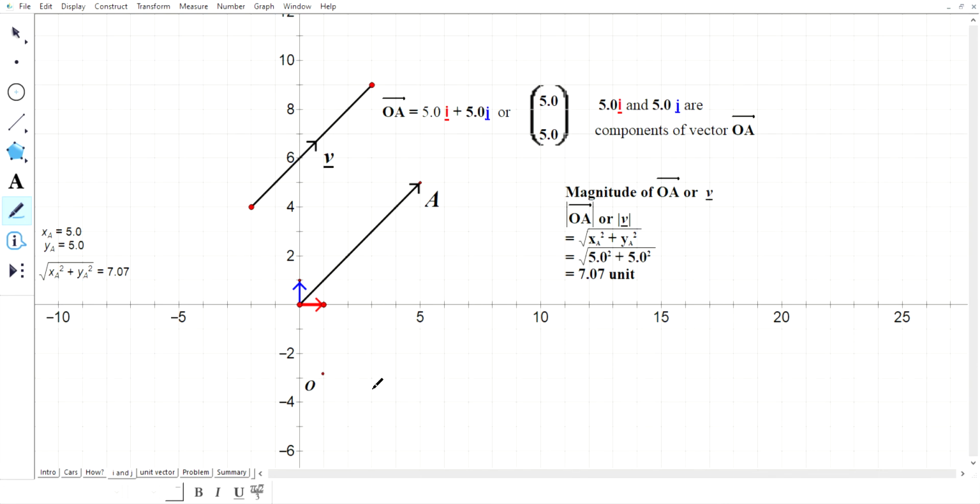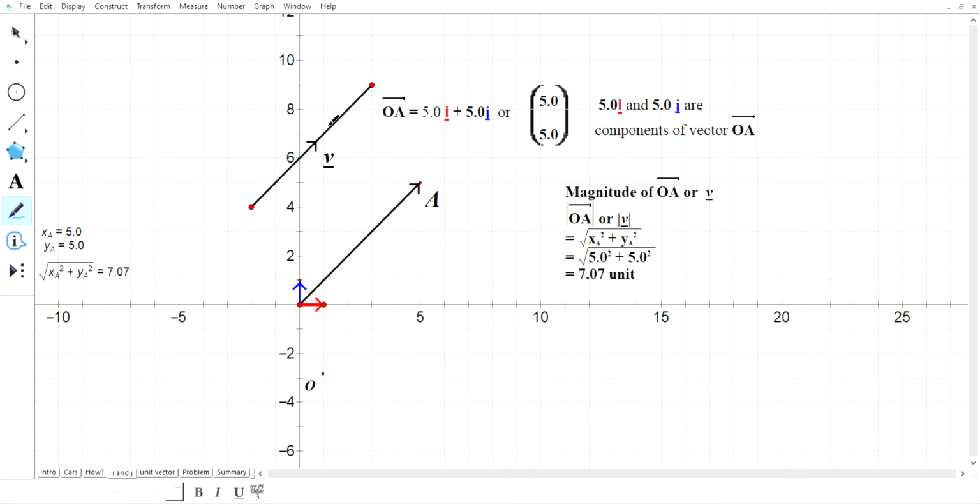Now we have learned that any vector drawn in the Cartesian plane can be expressed in the form of xi plus yj, where i and j are unit vectors.